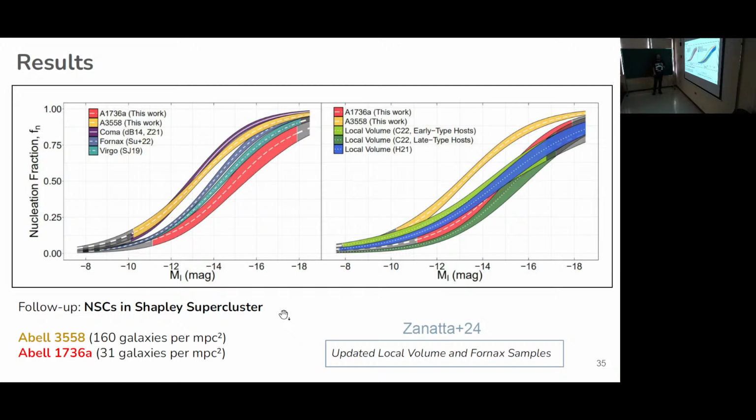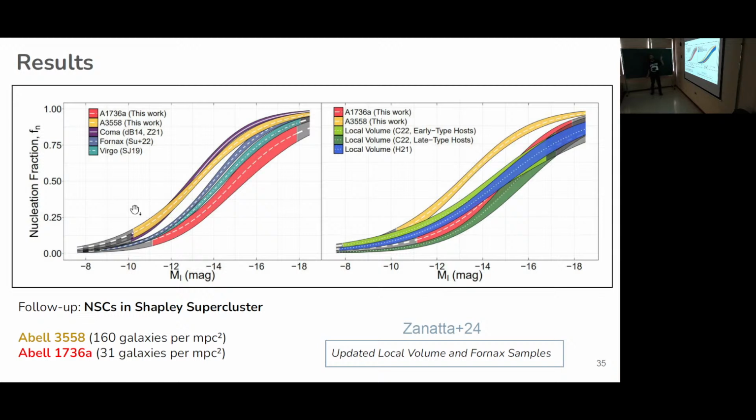What we see here is first that Abell 3558 indeed has a very high nucleation fraction, only comparable to the Coma cluster from the data that we had at the time. This may seem a bit weird, given that Shapley should be more massive than nearby clusters.